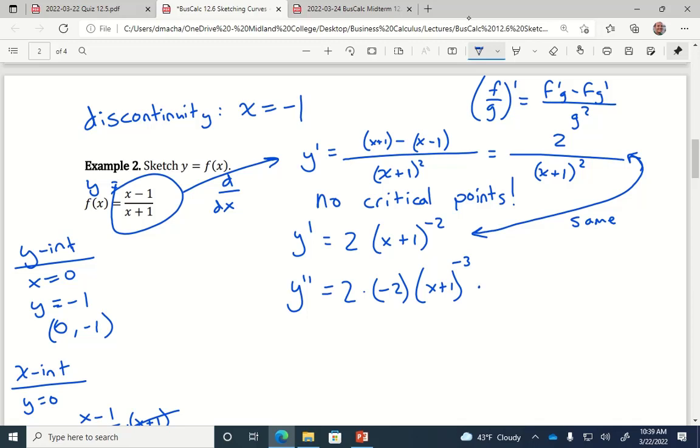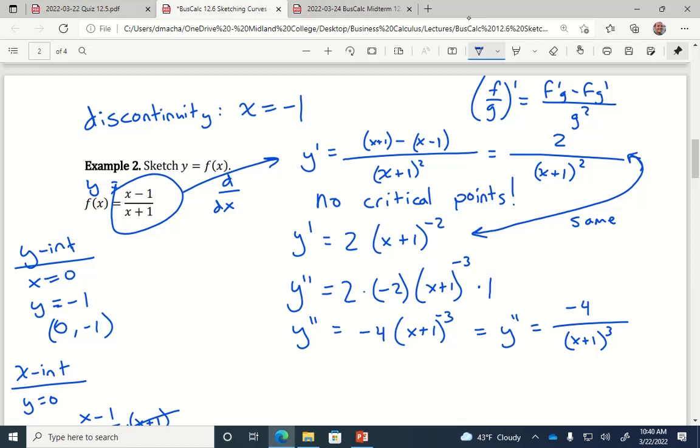And so my chain rule didn't really change very much at all for me. It just multiplied by 1. And so I can write the second derivative as negative 4 times x plus 1 to the power negative 3. Or like I've been saying, this is the same thing as negative 4 divided by x plus 1 to the 3 power. Because the negative 3 exponent just means you can put it in the denominator, like this.